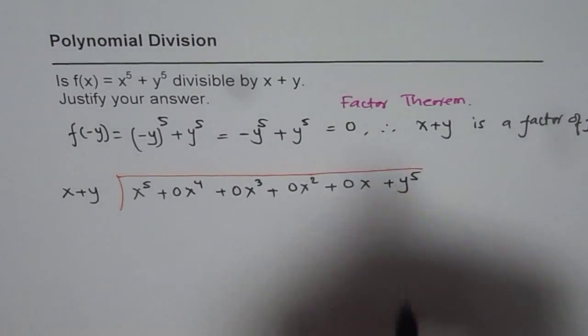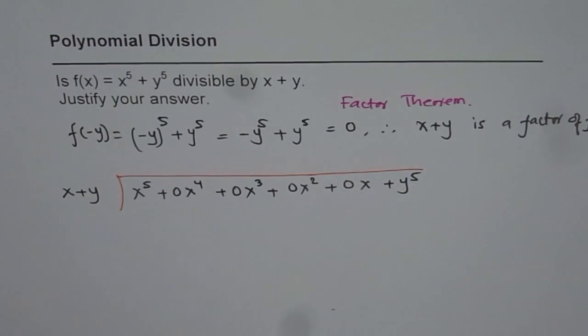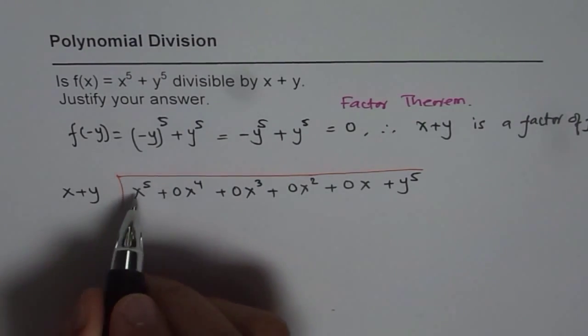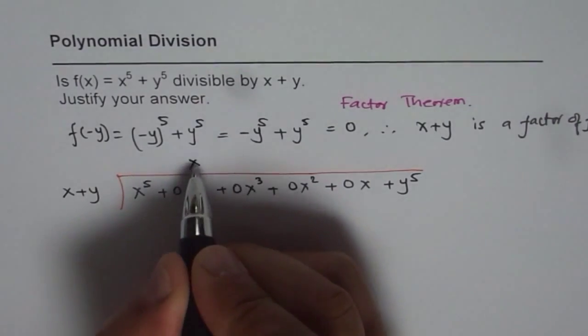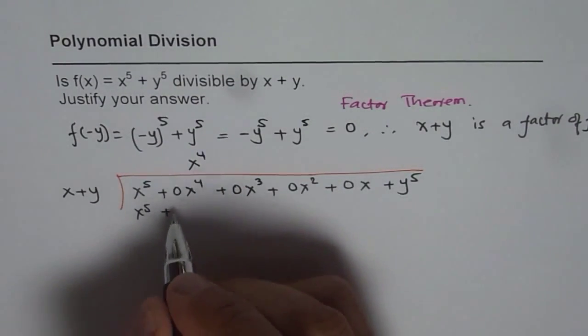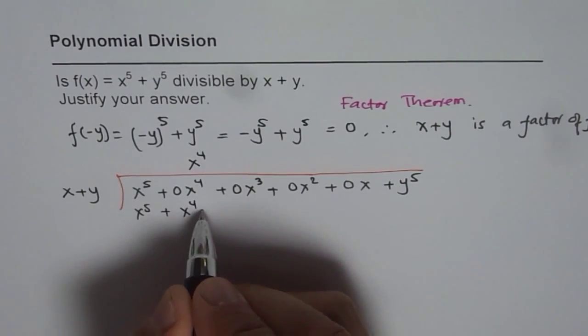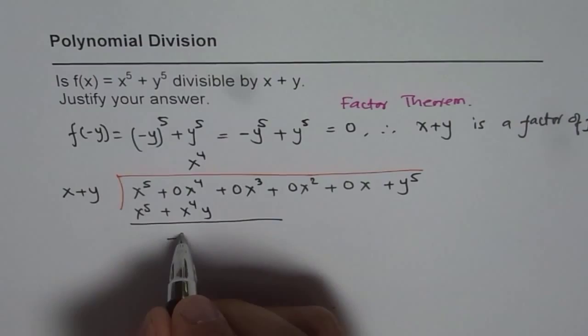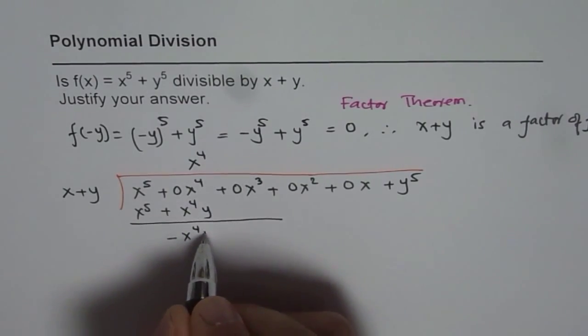Okay, so we'll do long division. You can also do the shortcut method, synthetic division, for the same. So let's continue. x to the power of 5 we have to get, so we'll multiply by x to the power of 4. We get x to the power of 5 plus x to the power of 4 times y. If you take that away, we get minus x to the power of 4 y.